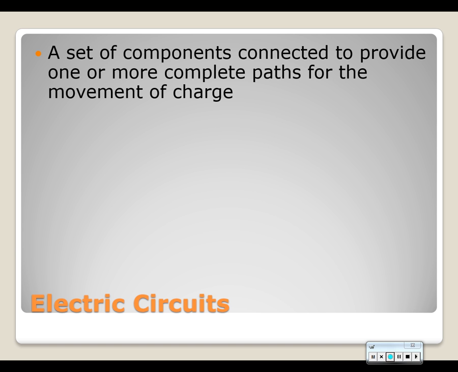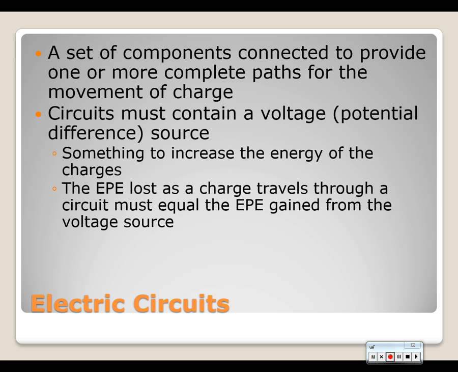Voltage is energy. So as charges flow through the battery, they gain energy. But something that gains energy is ultimately looking to lose it in whatever form, turning that potential energy into other forms of energy. A circuit has to contain a voltage source or a source of energy, something to increase the energy of the charges.